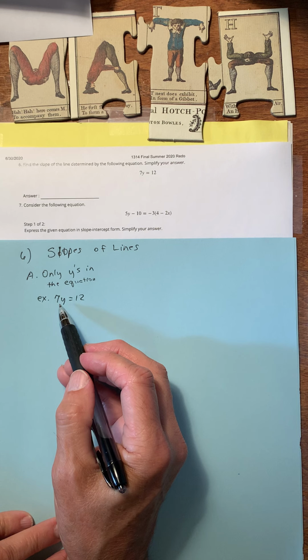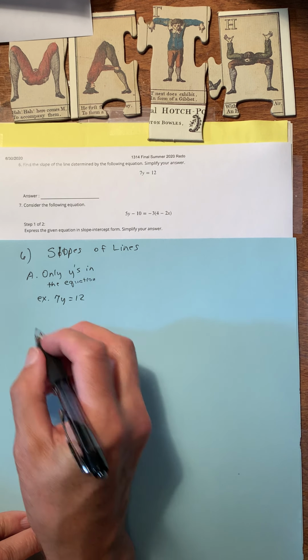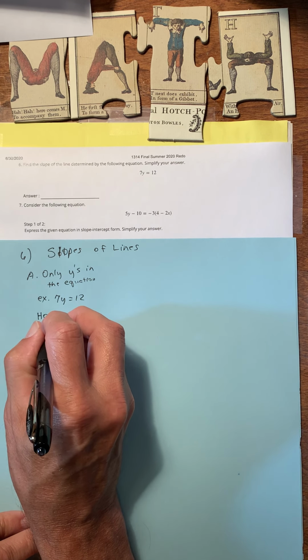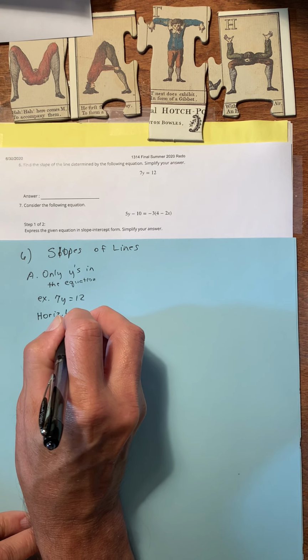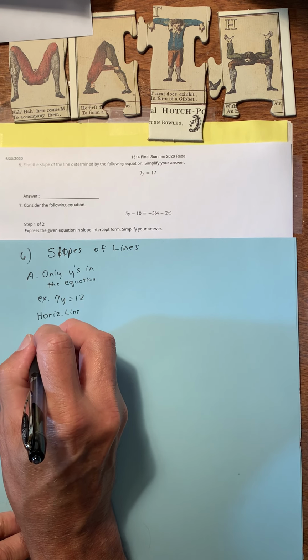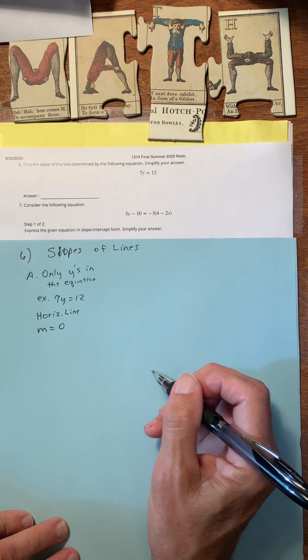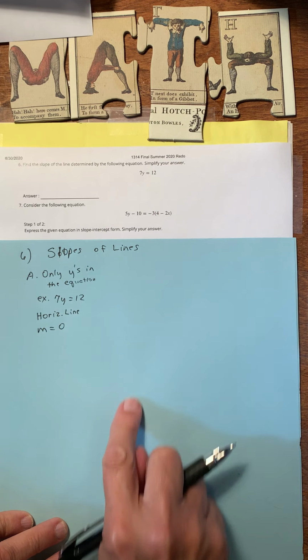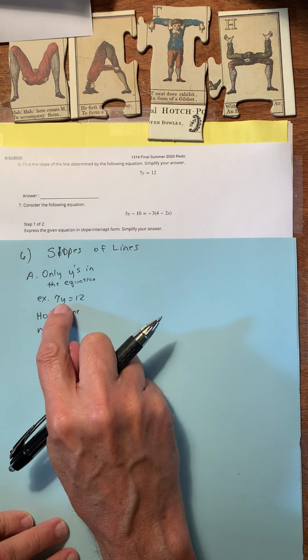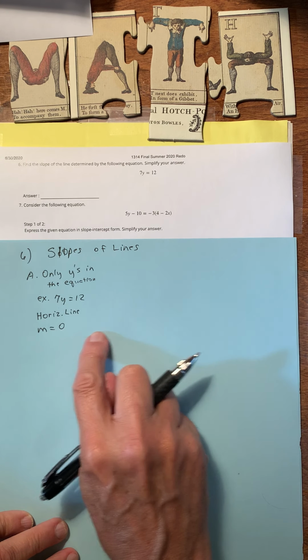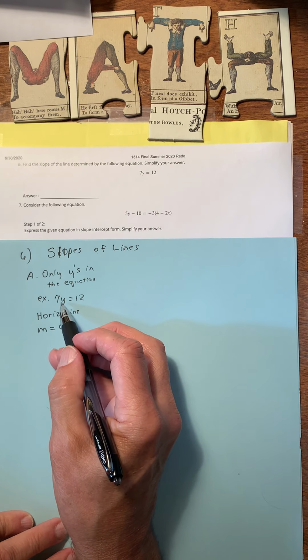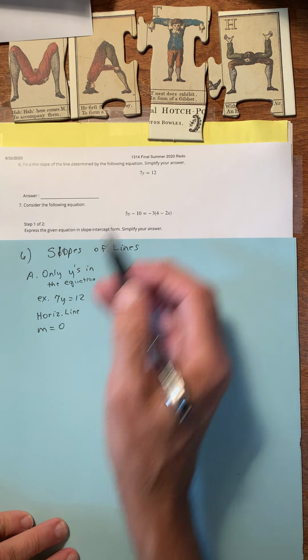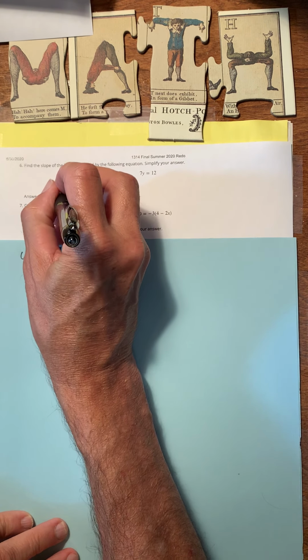If I have only y's in my equation, I have a horizontal line, and its slope is 0. Now I know you're thinking, it's just got y's in it, I bet it's parallel to the y-axis. No, if it just has y's in it, it's parallel to the x-axis. So just y's, horizontal line, slope is 0. So just like this, answer, slope is 0.